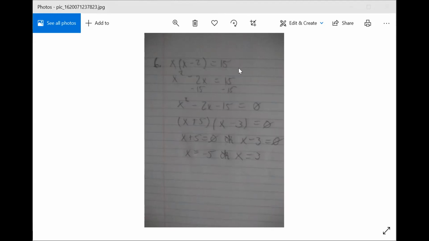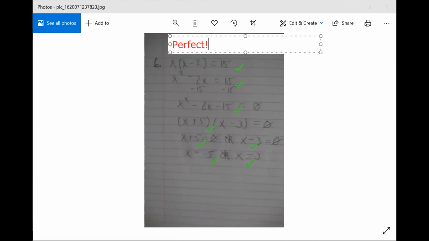In the first step, he copied the question and then subtracted 15 on both sides with all the equal signs in place, and he factored. The factors are correct, and using principle number 5, perfect.